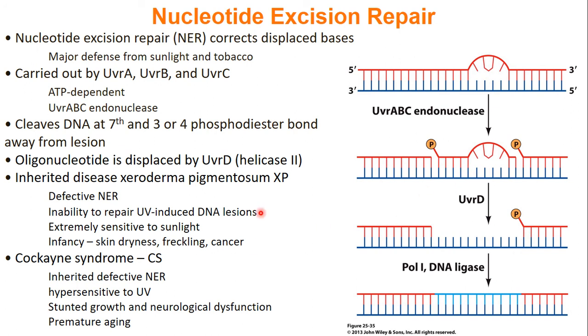So there are some disease states that you can get if you don't have these proteins. So xeroderma pigmentosum, XP, is if you don't have or you have a defective NER. So you can't really fix UV lesions. So you're extremely sensitive to sunlight. And this will show up when you're an infant.